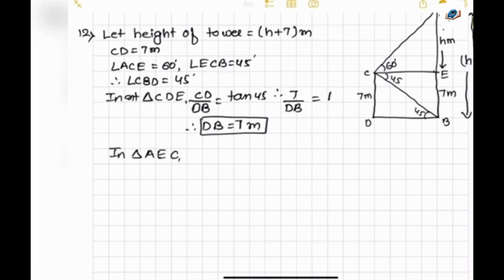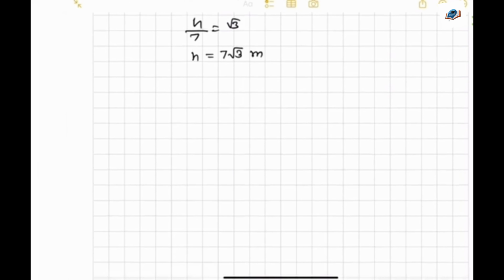Now in triangle AEC, AE upon CE equal to tan 60. So h upon 7 equal to root 3. So h equal to 7 root 3 meter.